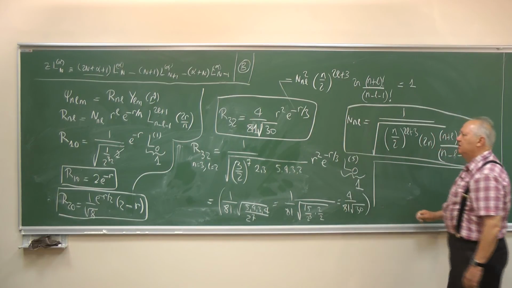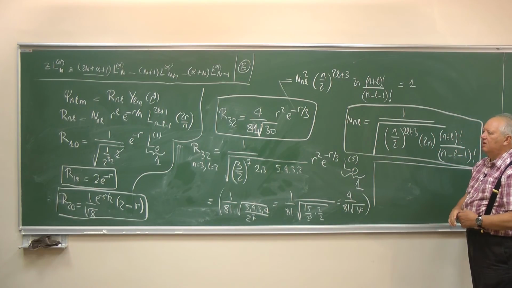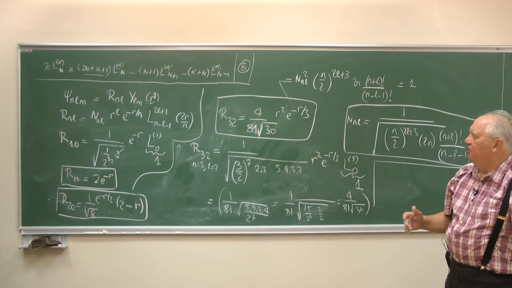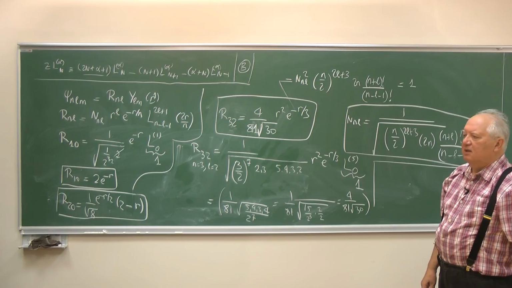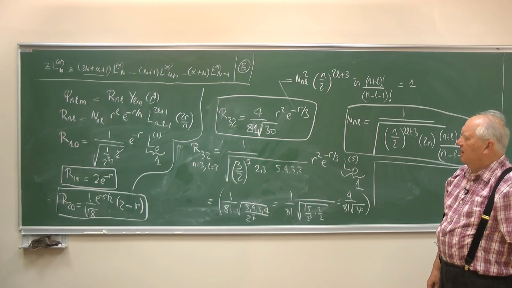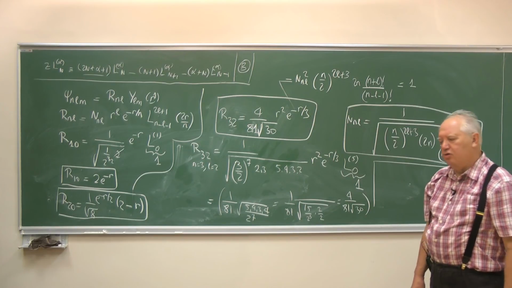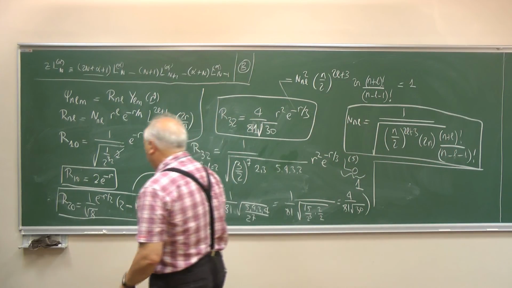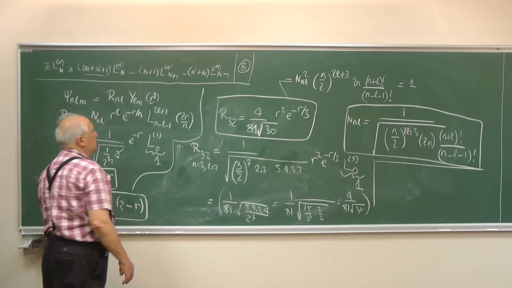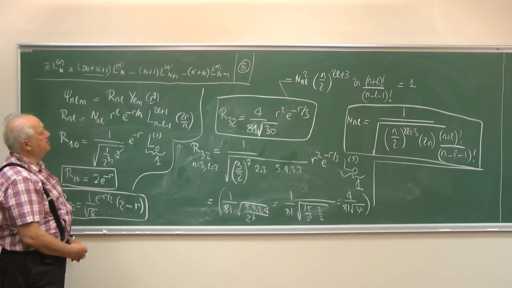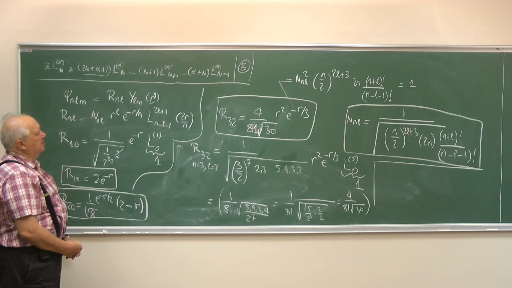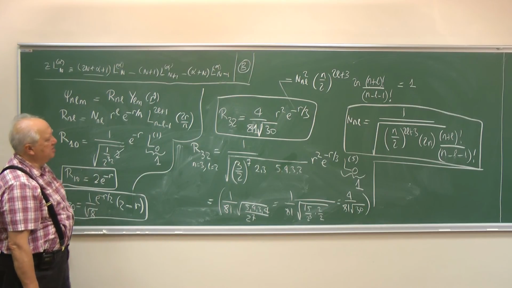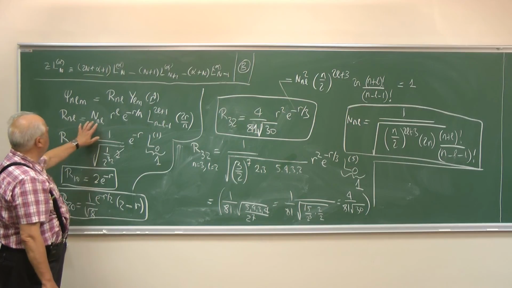Let me just review shortly what we did. This lecture was composed of 3 parts. In the first part, we obtained the recurrence relations. In the second part, we looked at the Sturm-Liouville theorem and the orthogonality relation of the associated Laguerre polynomials. And in the third part, we looked at the normalization of the actual hydrogen wave function.